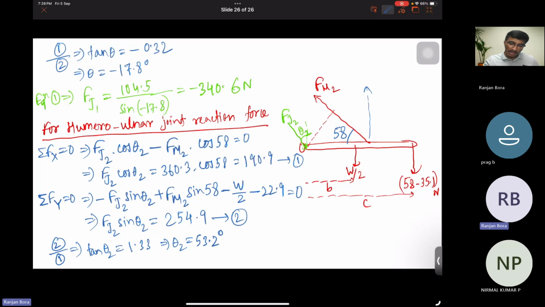That means FJ2 will act along this direction only, the direction we assumed previously. Now if we substitute theta 2 in equation 2, its magnitude will be 318.42 Newton.